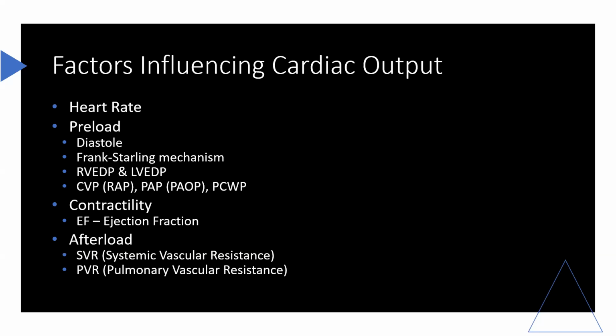The right ventricular end diastolic pressure is typically used as an indicator of the right ventricular preload, and the left ventricular end diastolic pressure is used to estimate the left ventricular preload.